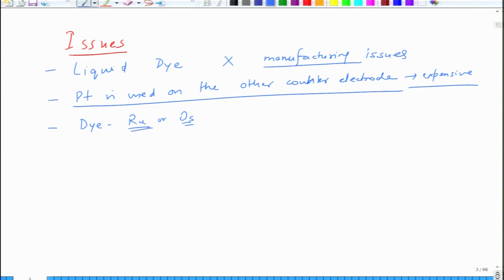So, these are certain factors, and the efficiencies have remained limited; right now efficiencies are below 15%.